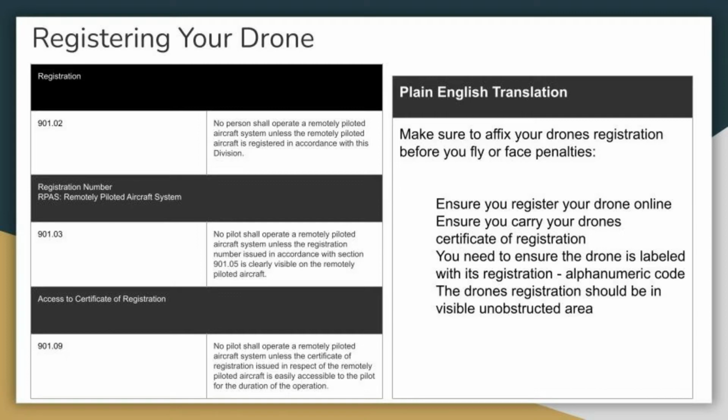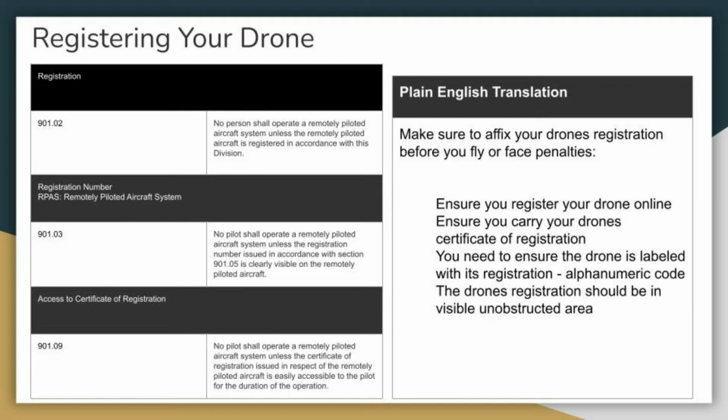We'll be going through registering your drone. So let's talk a little bit about how these modules will actually work. On the left side of the page, you'll have the actual Transport Canada wording, or the legal wording according to the Canadian Aviation Regulations. And you'll have sub-tabs that will cover each of those regulations, stemming from 901.02 all the way down to 901.59.